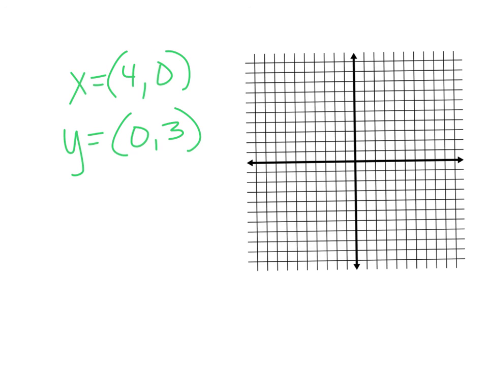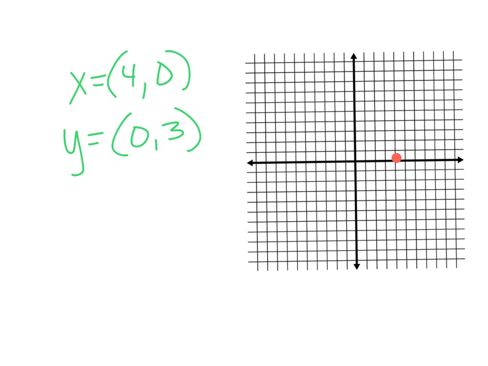So let's graph. So the x line was at 4. If I write that as a point, it'd be 4, 0. The y-intercept would be at 0, what was it? 3. Like so. So then you just graph it. X-intercept, I go over 1, 2, 3, 4.